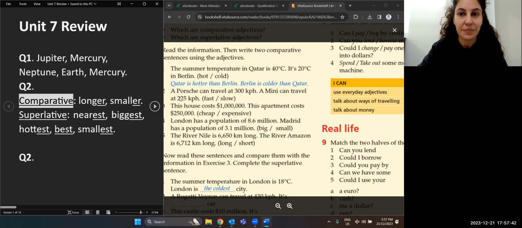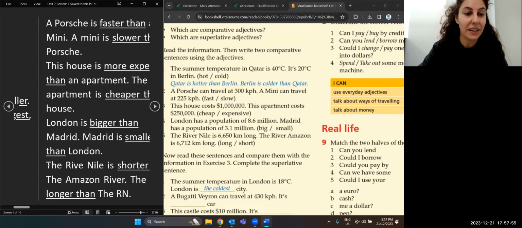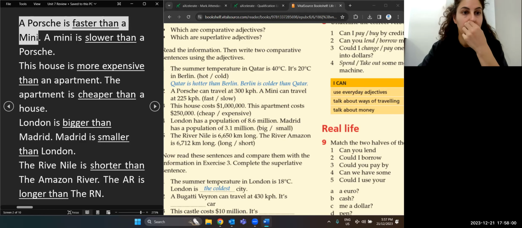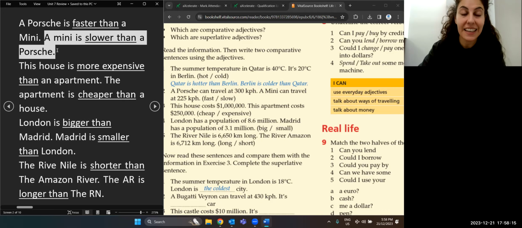How about this one? A Porsche can travel at 300 kilometers per hour. A Mini can travel at 225 kilometers per hour. So what's a sentence that we can make? You don't need the word more. A Porsche is faster than a Mini. Or a Mini is slower.